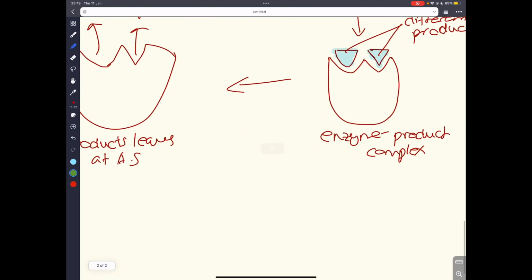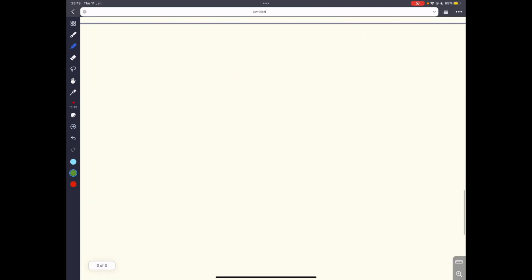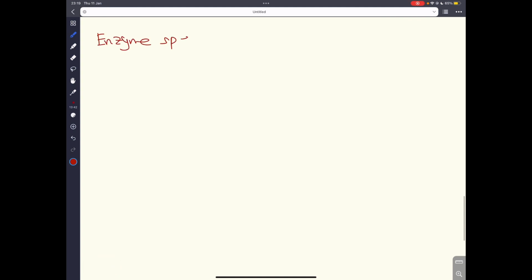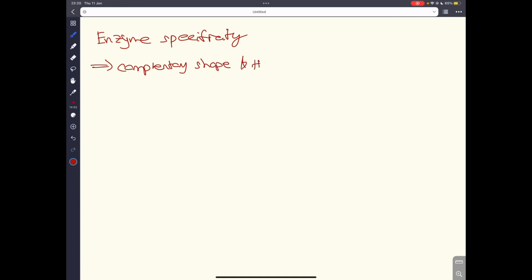And this leads to a very important concept called enzyme specificity. Enzyme specificity relies on the complementary shape and the fit of the active site.